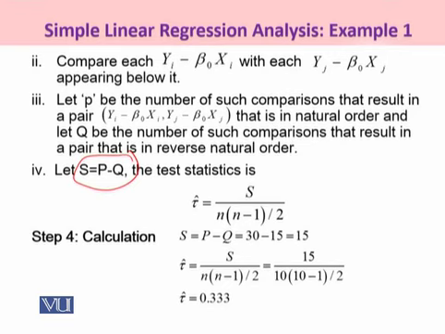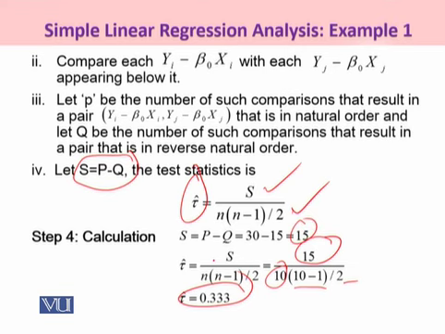Now by making use of this s, students will calculate tau hat. Tau hat is the Kendall's tau statistic, obtained as the ratio of s to n(n minus 1)/2. You calculated s as 15, and you divide 15 by n(n minus 1)/2, where n is the total number of pairs: 10 times 9 by 2, which gives 0.333.